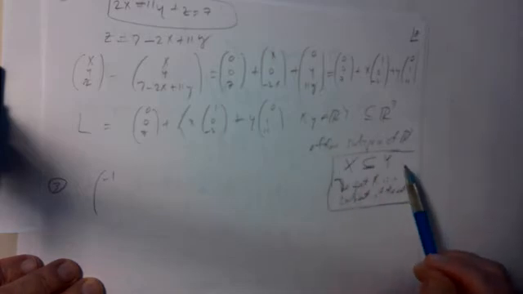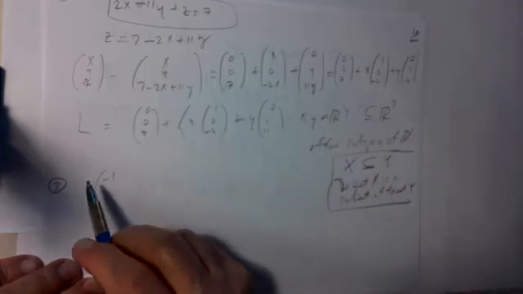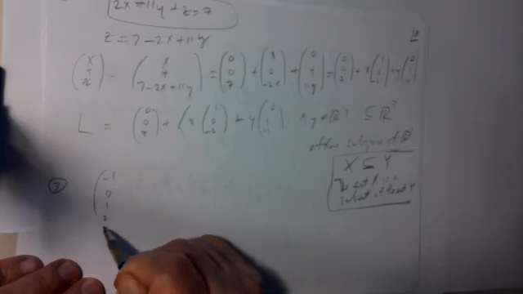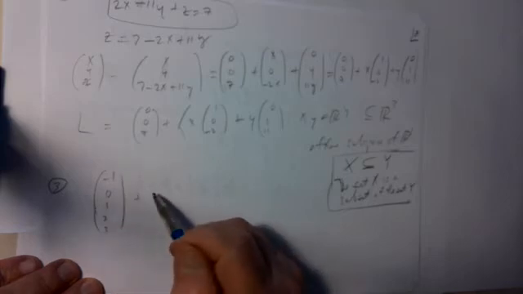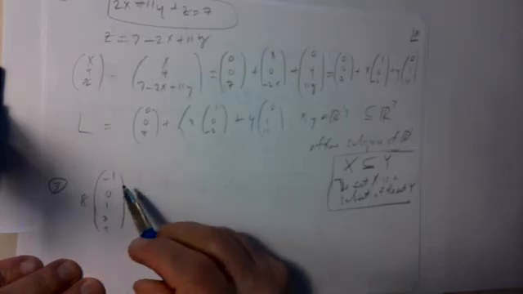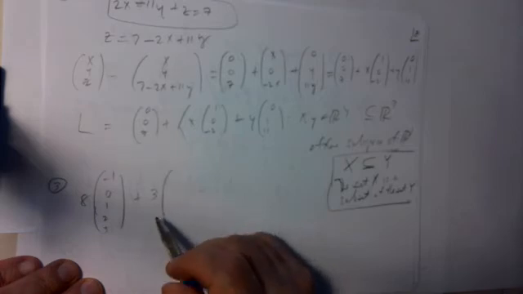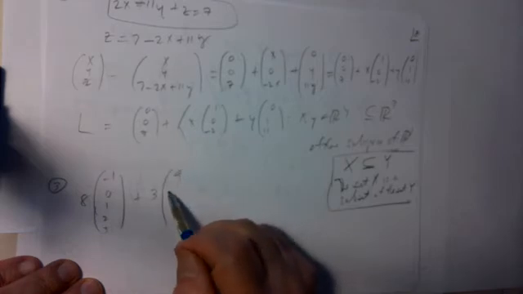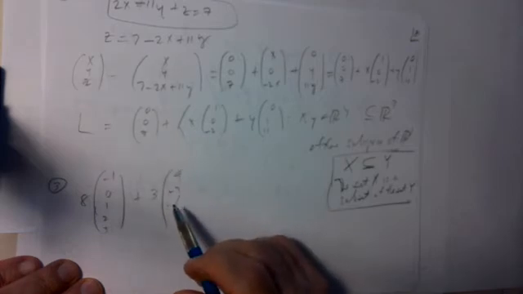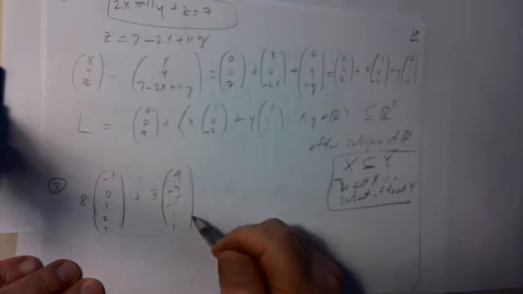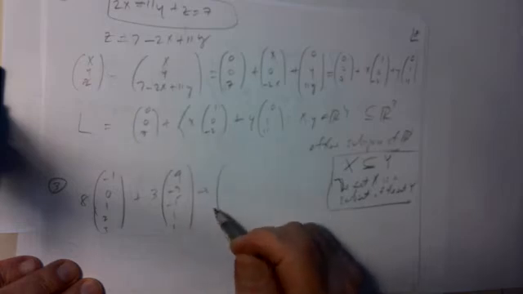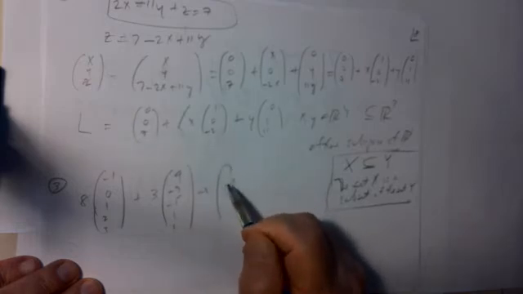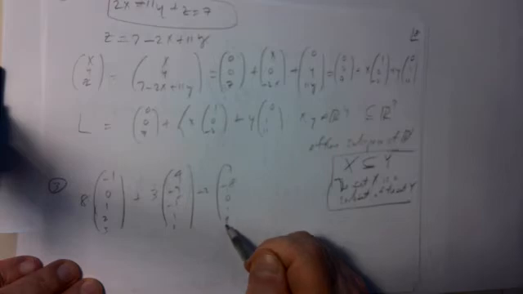Okay, thank you. So I have minus 8 times the vector (minus 1, 0, 1, 2, 3), plus 3 times the vector (4, minus 7, minus 5, 1, 1), minus 2 times the vector (7, minus 8, 0, 1, 9).